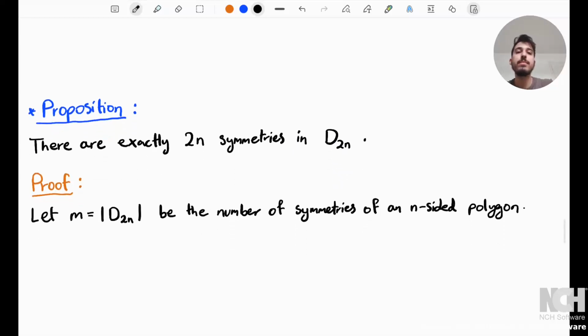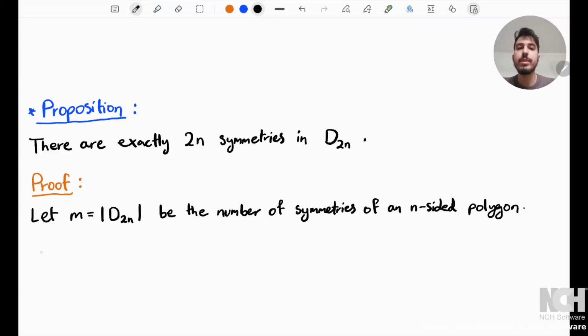Okay, so I will be producing a list of the symmetries that there are. It is important to note that this list contains symmetries which are all distinct. In other words, there are no two symmetries that are equal.